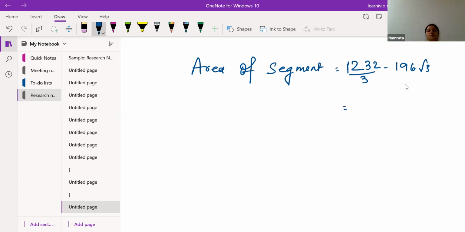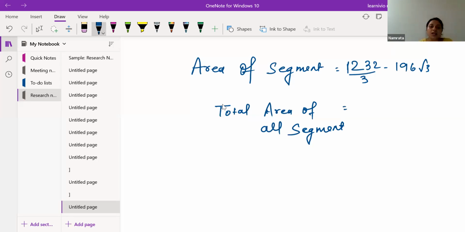Now, since we have to find the area of all the segments, we will multiply it by 6. Since the same 6 segments are there, exactly the same in shape and size, the total area of all segments will be 6 times the given area.